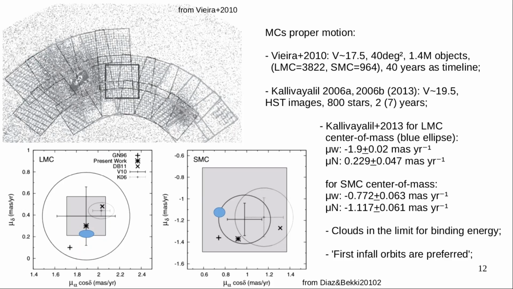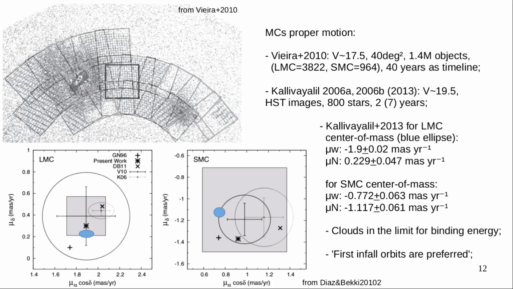Vieira and collaborators compare photographic plates and CCD images in a wide region covering both clouds and 40 years in time, as we can see in the top figure. Their results are compared to 3 Liu papers using HST images. In the bottom image, the results are compared among other results.